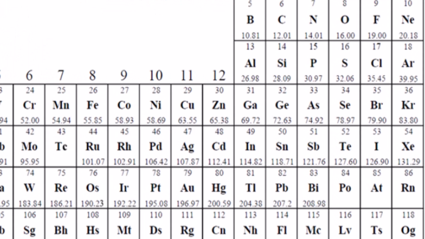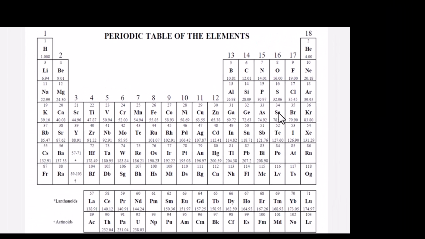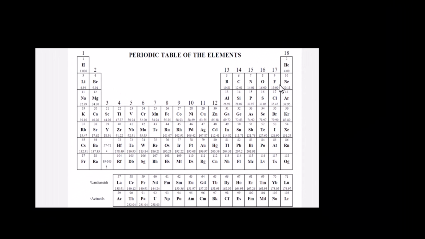What you see here are the average weights of the mixtures of isotopes of each one of these elements. Now, like I say, some of these elements have only one isotope, like fluorine only has fluorine, period. One type of atom that has the 9 protons and 10 neutrons. But most of the elements are mixtures of various isotopes.